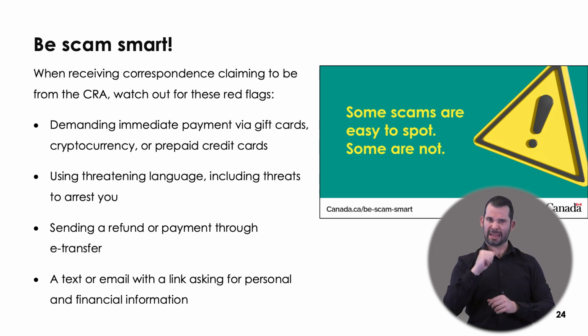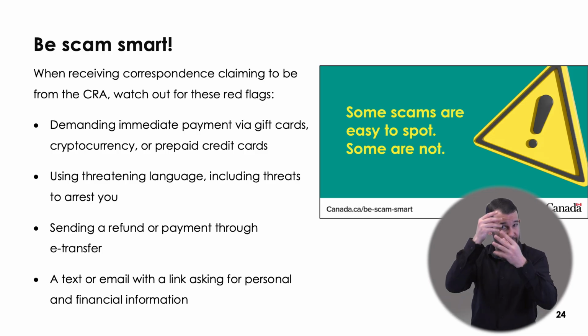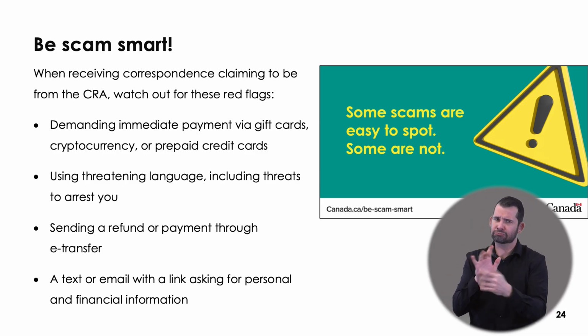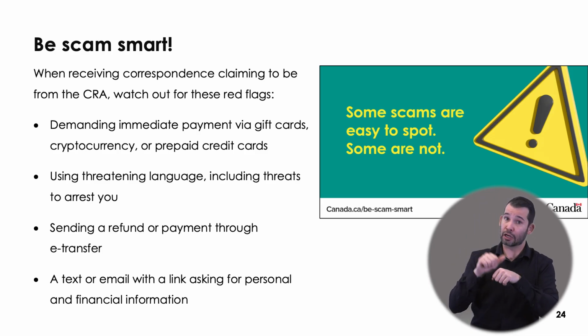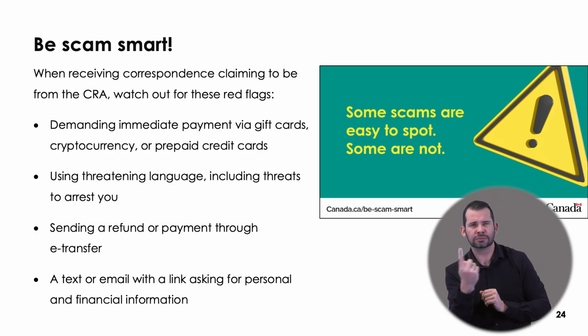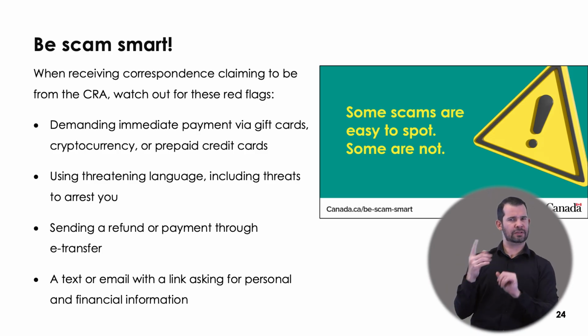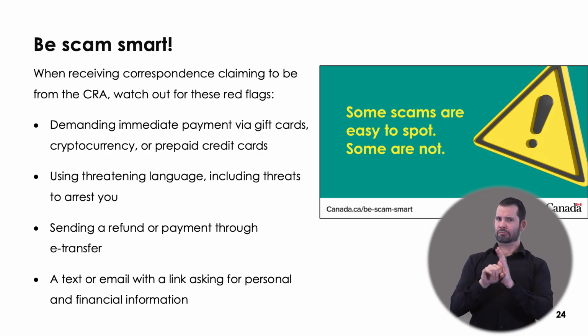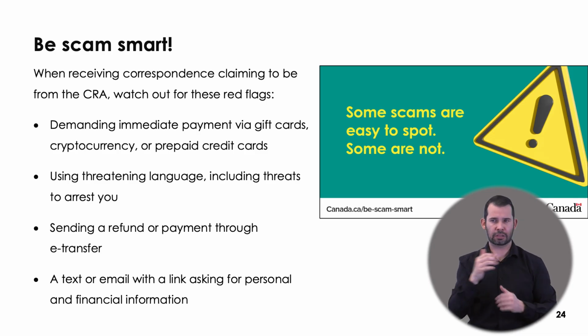They may demand payment right away, threaten you, and try to get your personal and financial information. The CRA may legitimately contact you by phone, automated message, letter, or email to ask you about your account or clarify something you've shared. So, how do you tell the difference between a real and scam call from the CRA?